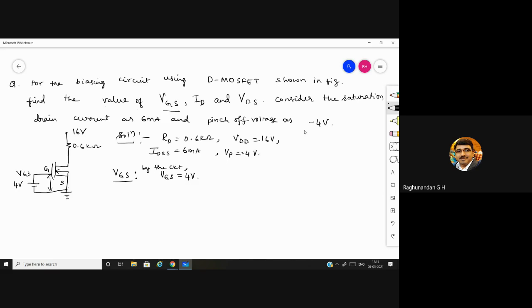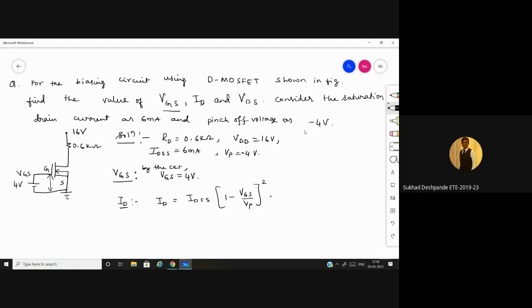Now, coming to the next part. We need to find ID. So to find ID, what can we do? We can use the formula. So ID is equal to IDSS into 1 minus VGS by VP whole square. What is the value?